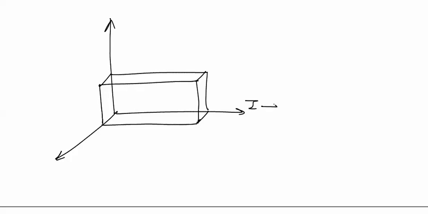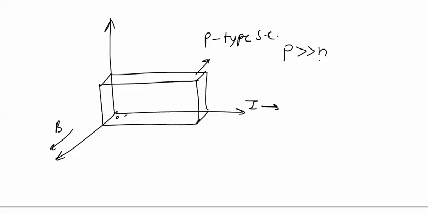Now we will place a p-type semiconductor. Current is flowing in the same direction and magnetic field in the same direction. Now for p-type semiconductor, the hole concentration is much greater than electron concentration.